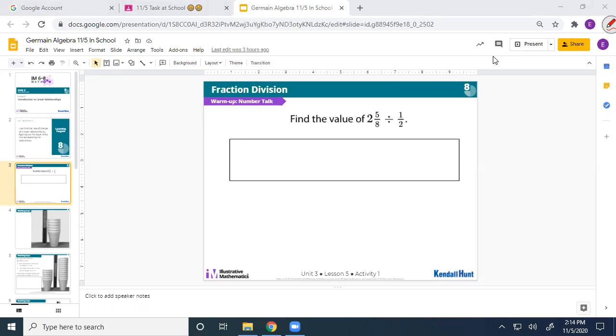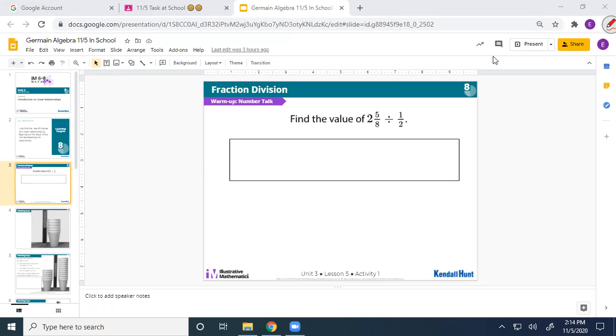Okay, so we have to find the value of 2 5/8 divided by 1/2. What is our first step here? Hazel, what'd you do first here, my friend? Good. She made it into an improper fraction.